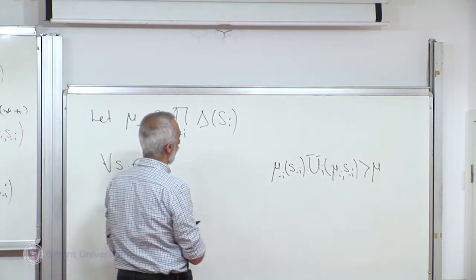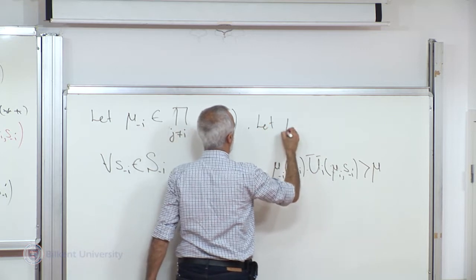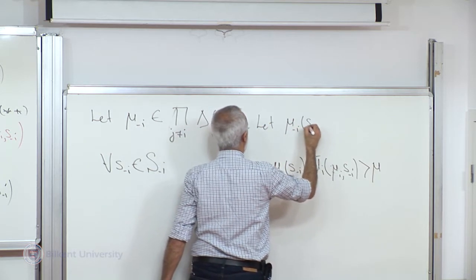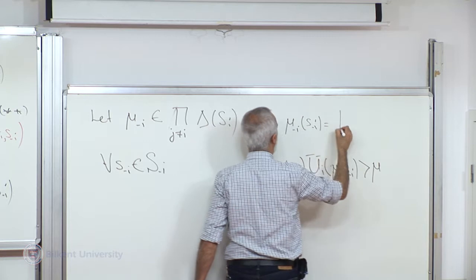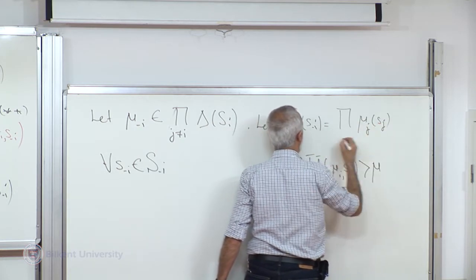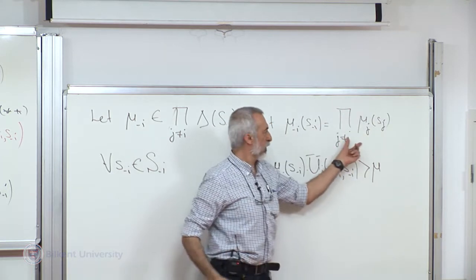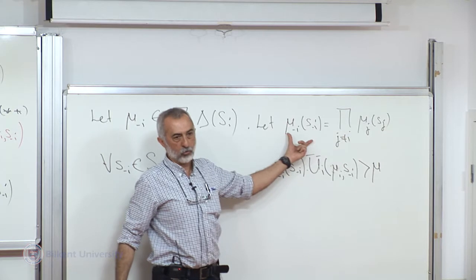First, let me introduce a piece of notation. Let mu minus I, S minus I denote the product of mu j, Sj, j different than I. So I don't want to write this long expression every time. I'll denote that with this short notation.